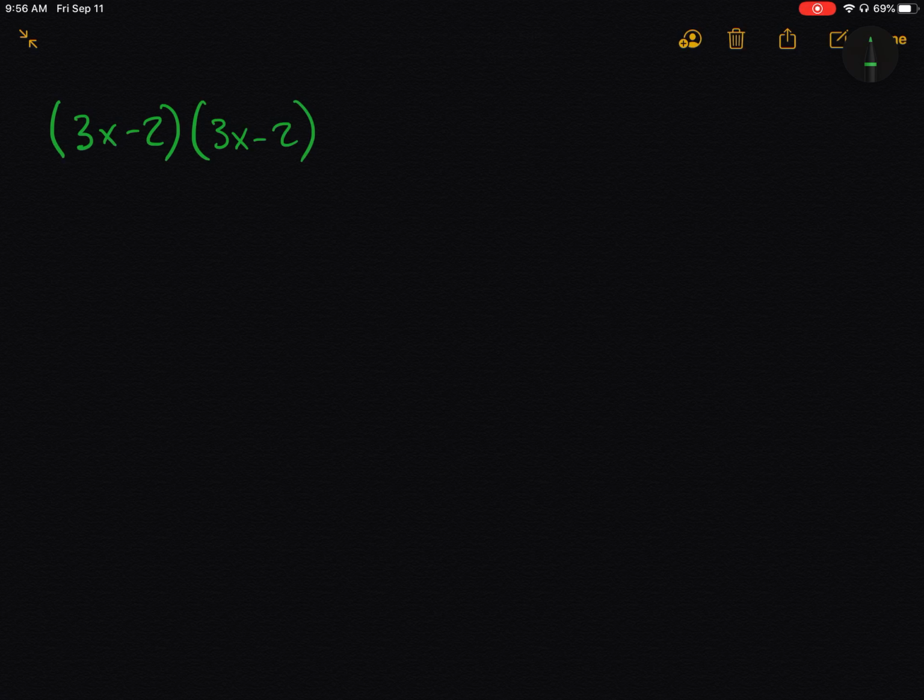It's just the same thing twice. And when you multiply this out, you would get 9x squared minus 6x minus 6x plus 4, which is 9x squared minus 12x plus 4. So that's a perfect square trinomial.